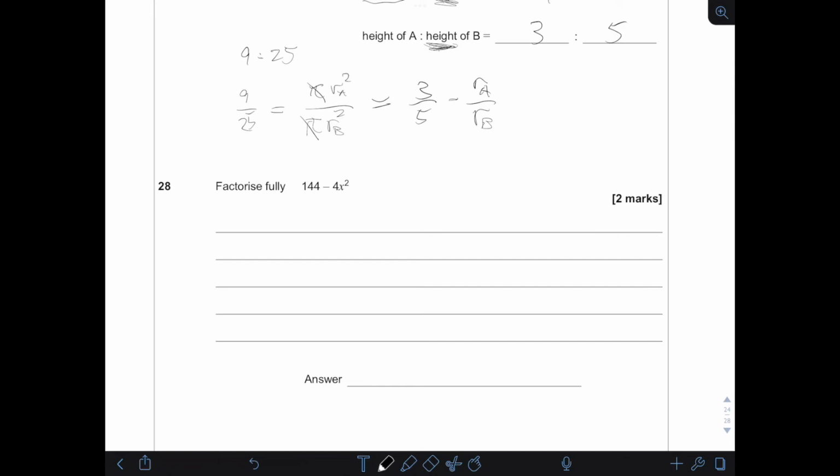So this is the difference of two squares. 144 is 12 squared minus 2x all squared. So remember 4 is 2 squared. And because it's a difference of two squares, it is a plus b times a minus b.